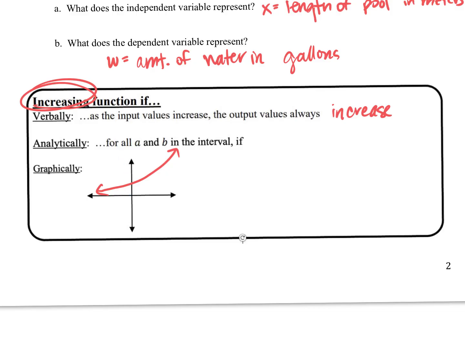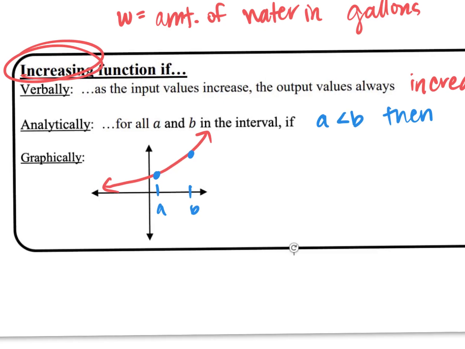They say for all A and B, and let's go ahead and make A and B. A is going to be here, B is going to be here on my graph. For all a and b on this interval, so we're just saying from a to b, the function is increasing if a is less than b. Do you agree a is less than b? A is to the left of b on my x-axis. Then we need to name what this y value would be. If this is a, this y value here is considered f of a.